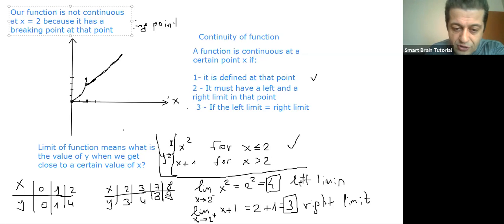So if the function is given with this form here, we have a single function, but it is composed of two different functions in itself.